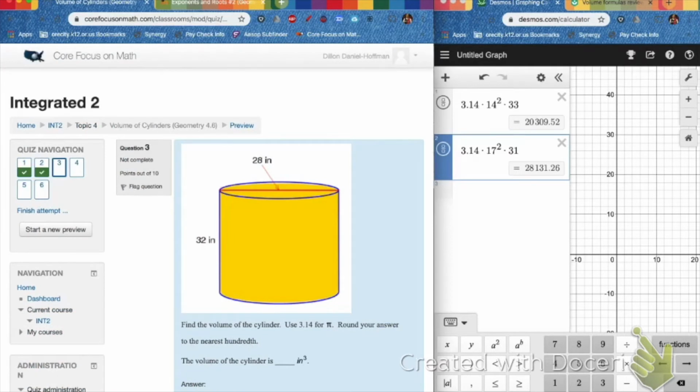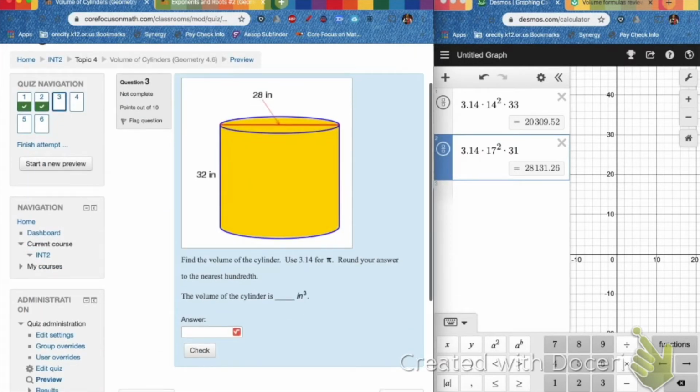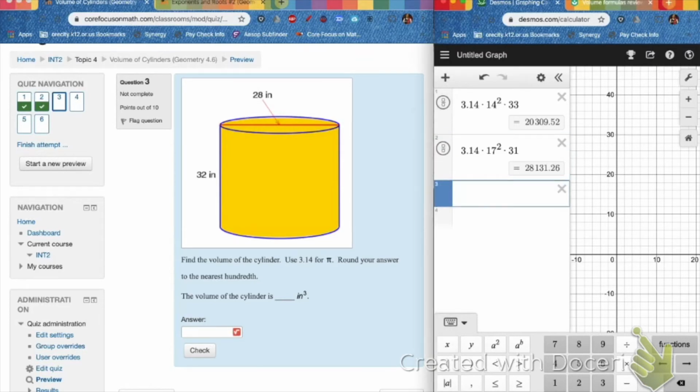Timeless. Number 3 looks very similar, but we have to notice now that we are given something different on top. Instead of the radius from the middle over, we're instead given the diameter of 28. Meaning, I'm going to type this in. Still pi is pi, but instead of 28 for my radius, I have to divide that by 2.